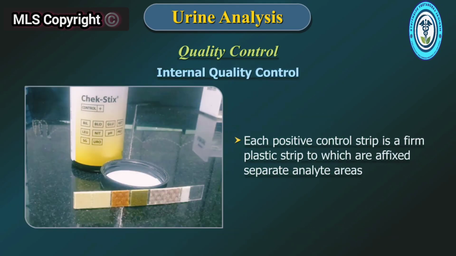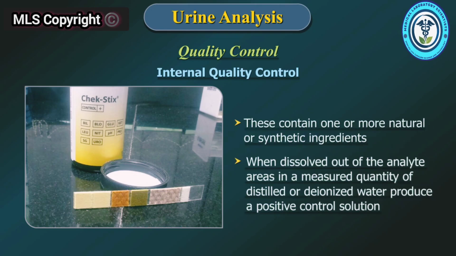Each positive control strip is a firm plastic strip to which are affixed 7 separate analyte areas. These contain one or more natural or synthetic ingredients that, when dissolved out of the analyte areas in a measured quantity of distilled or deionized water, produce a positive control solution.